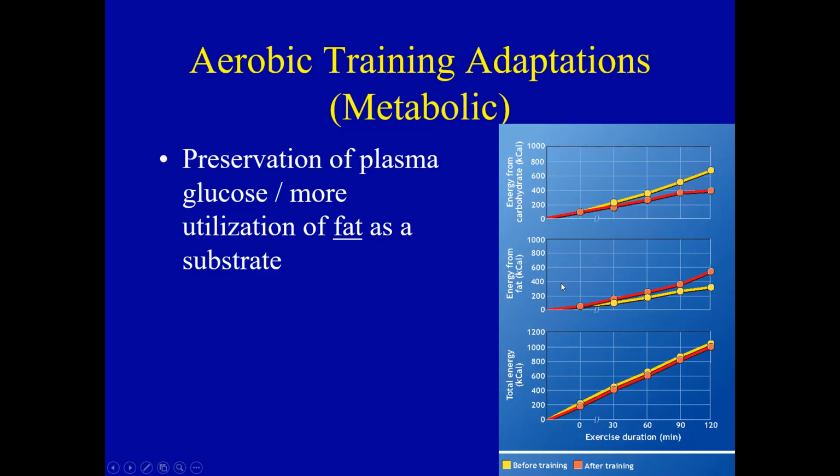But where that energy is coming from is slightly different. You can see after training, more of that energy is being derived from fat as opposed to carbohydrate. So the key point is that aerobic training leads to a more effective utilization of fat as an energy substrate, and that allows you to spare some carbohydrate.